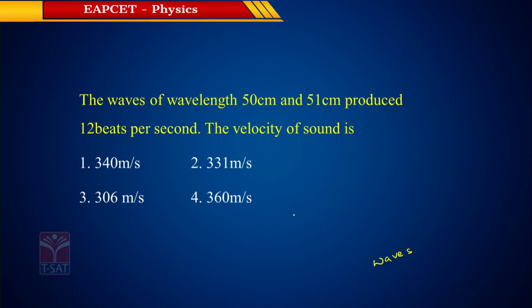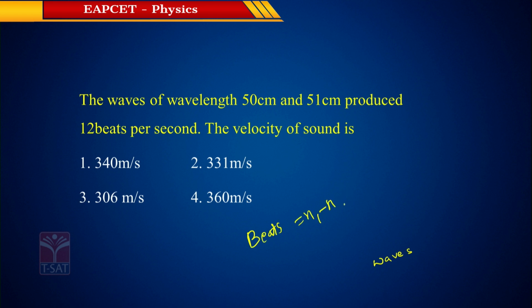Here the velocity of the sound is... okay. Here you see in this question, the beats, you already know the formula. What is the beats? Beats is equal to N1 minus N2.